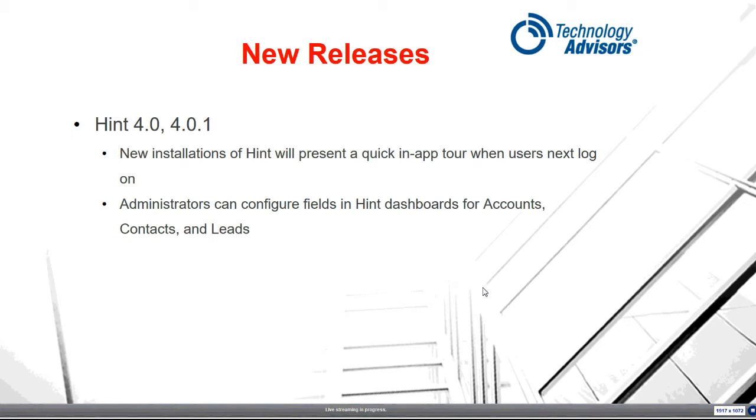So kind of built-in training for your users on what to do with Hint. And the other big change here is the ability for administrators to configure the Hint dashboards. This is something that Justin and I have been talking about as a frustration with Hint for a while, so we're really excited that this is now something that they've put in our hands as Sugar administrators, that we can change what fields are on that dashboard, and if we want to include any of our Sugar fields on that dashboard, we can.